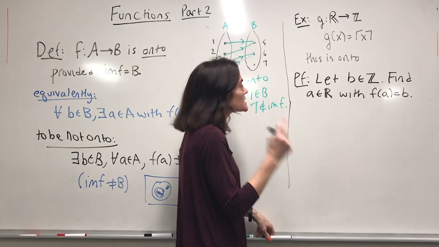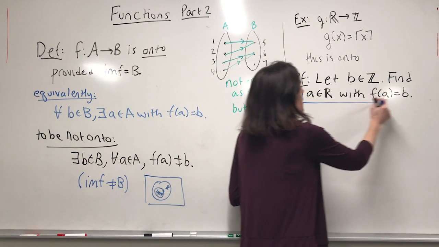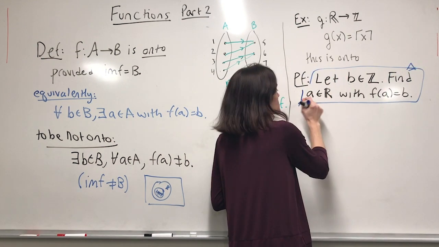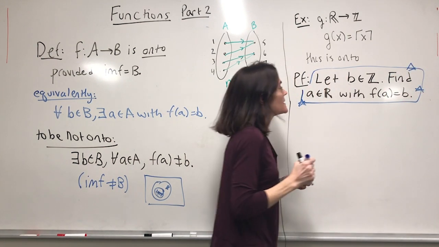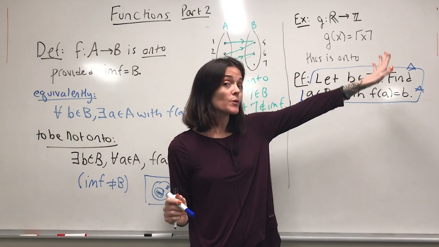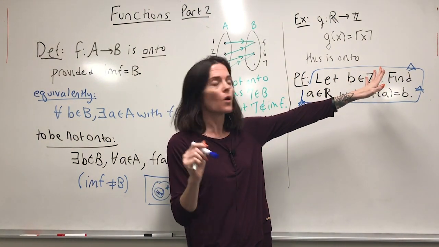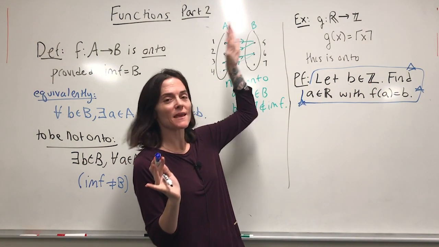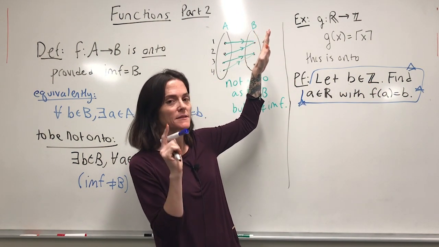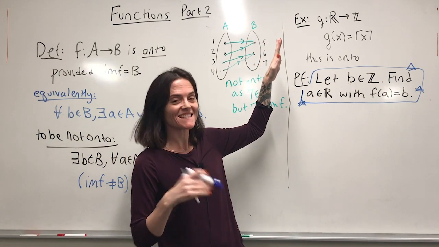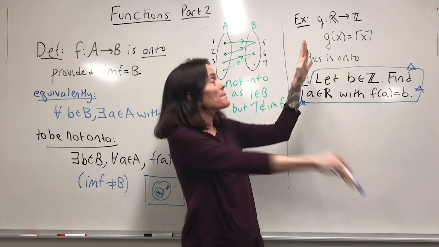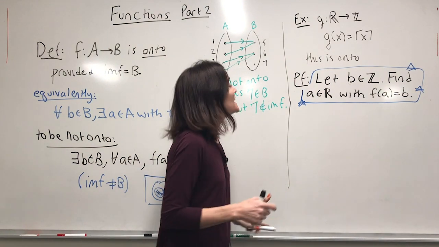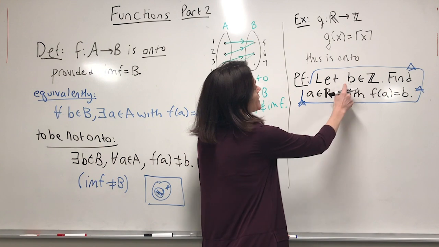Maybe I did this for one-to-one, I will do this for onto: I box it, I star it. You always want to start a proof of onto like this. You start with something in the codomain, and then your whole goal is to find something in the domain. One element. You could find 15, it's not going to change anything. You only need one that maps to it, and then you know it's onto. Well here, B is an integer.